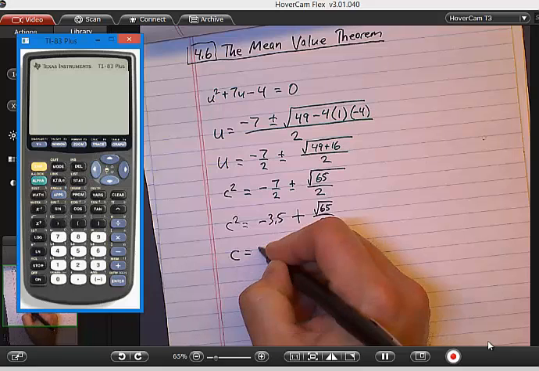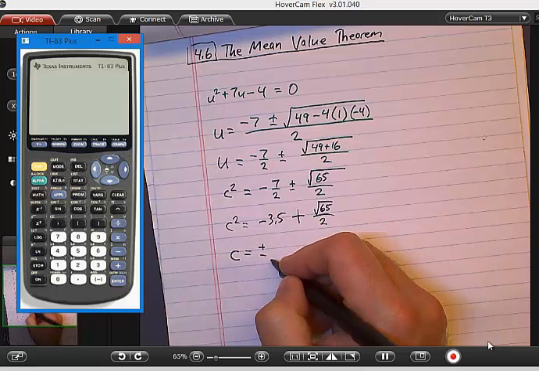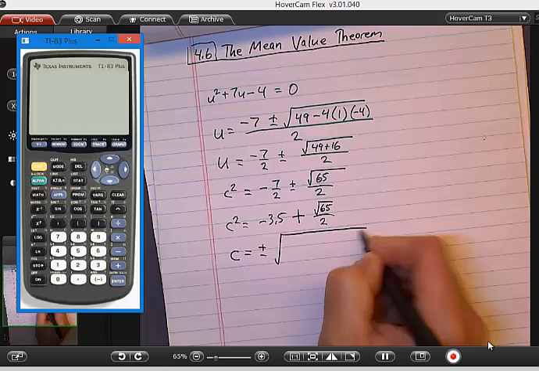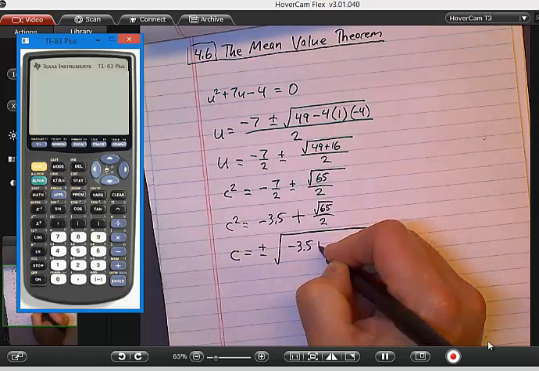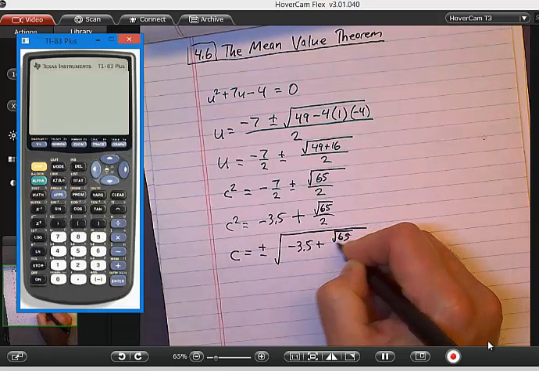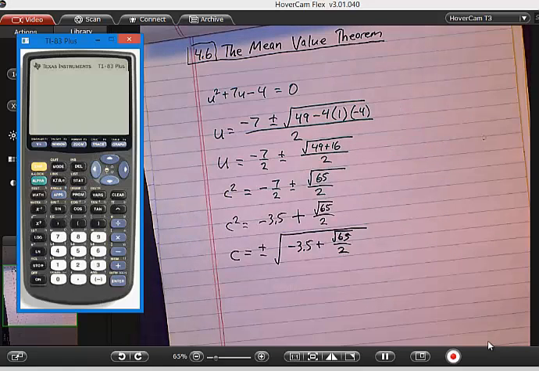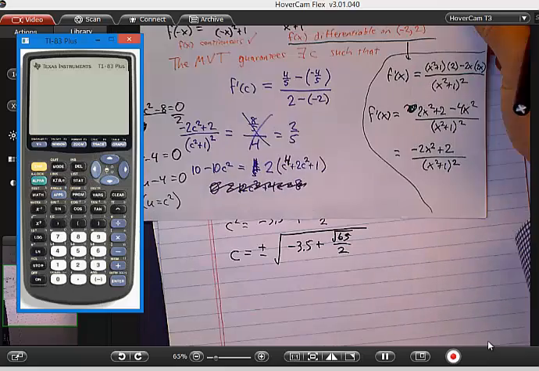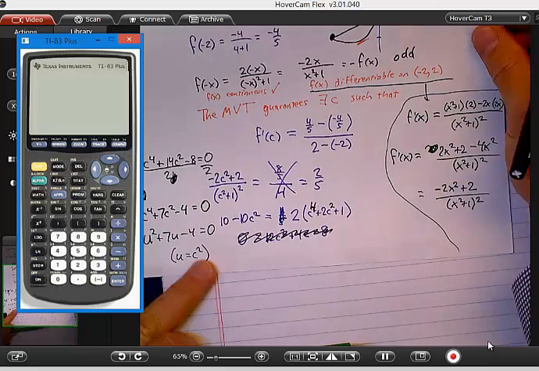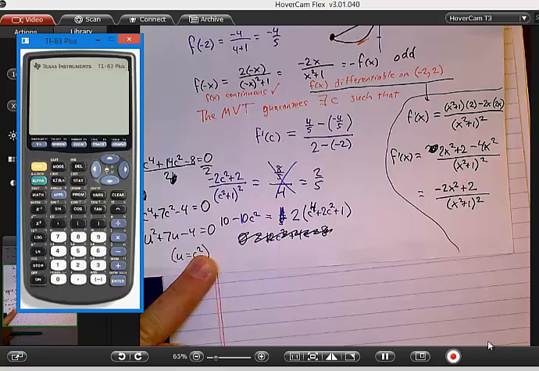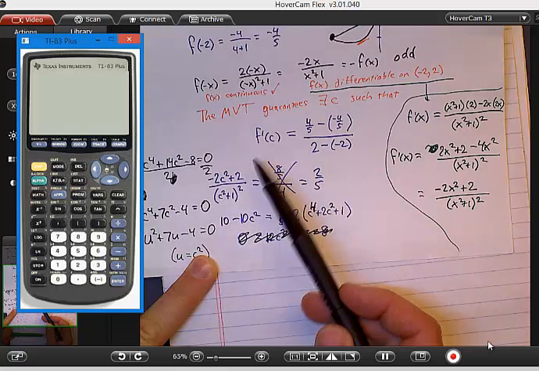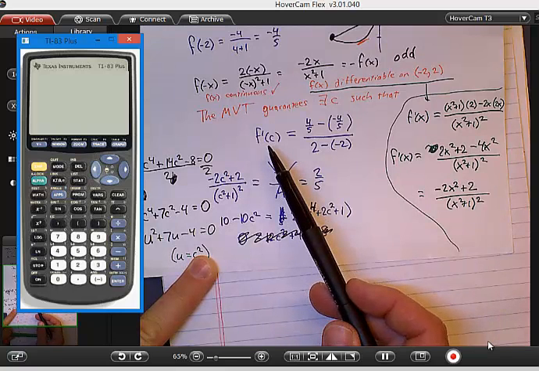C is going to be plus or minus the square root of negative 3.5 plus the square root of 65 over 2. Now, this is really kind of a cool calculation we just did. Remember a long time ago we computed f prime of C? But we also computed AROC.